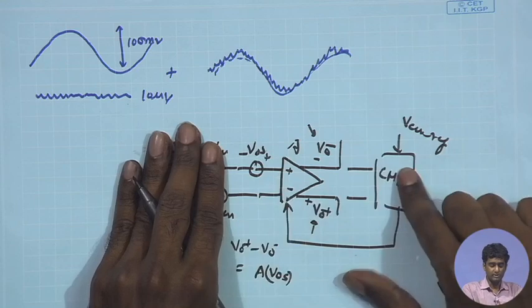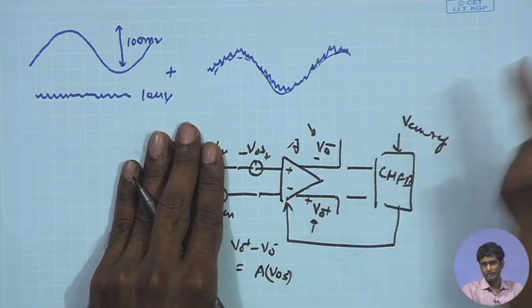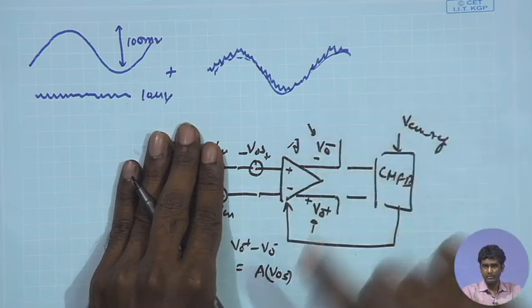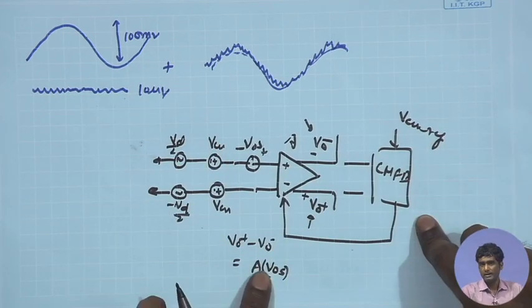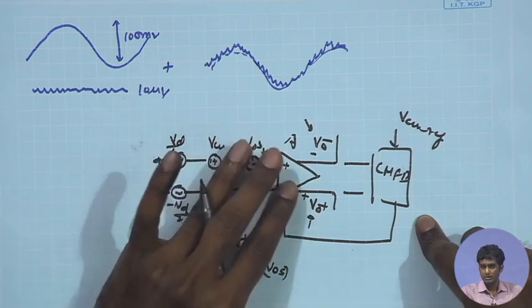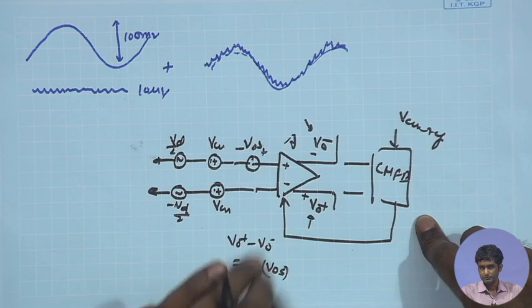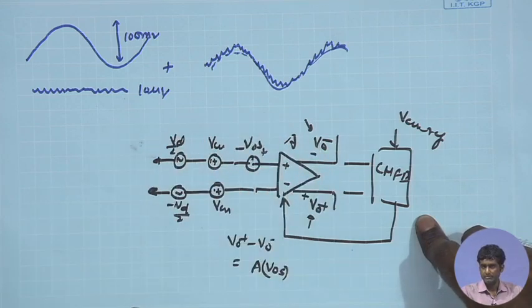The common mode circuit can at most make sure that VO plus plus VO minus by 2 is equal to the VCM ref, but VO plus and VO minus will be different by A times V offset. And if we have an offset of even 1 millivolt, under that condition you are having a gain, the overall closed loop gain of this circuit pretty large, say 10 to the power of 4, it can completely saturate the amplifier.